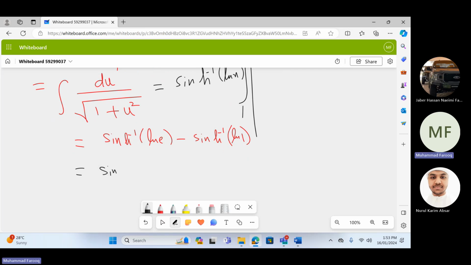So you have sine inverse hyperbolic 1 minus 0, because ln 1 is 0 and sine inverse hyperbolic of 0 is 0. So please check, are you getting a decimal answer of sine inverse hyperbolic of 1? It is decimal? Stop here. This is the answer, that's it.